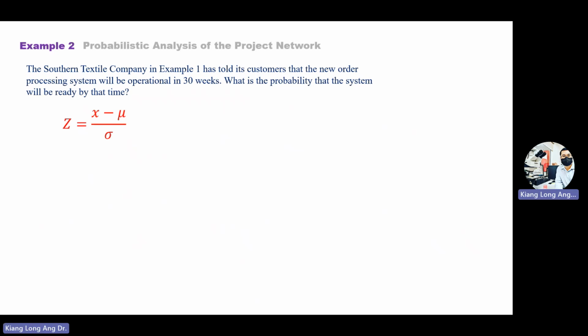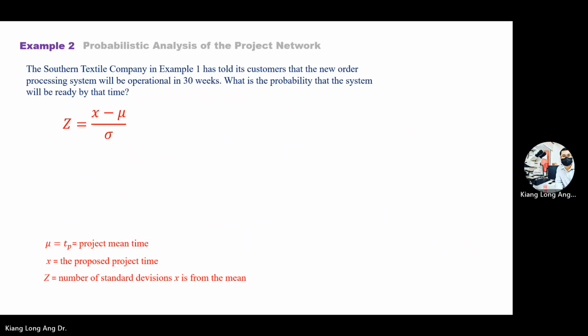First, you find Z. Z equals X minus mu divided by sigma. So what is that? That is the number of standard deviations. This one you read from the table or appendix. X is the proposed project time. Mu is the project mean time. So the standard deviation squared is the variance, which equals 6.89 weeks.